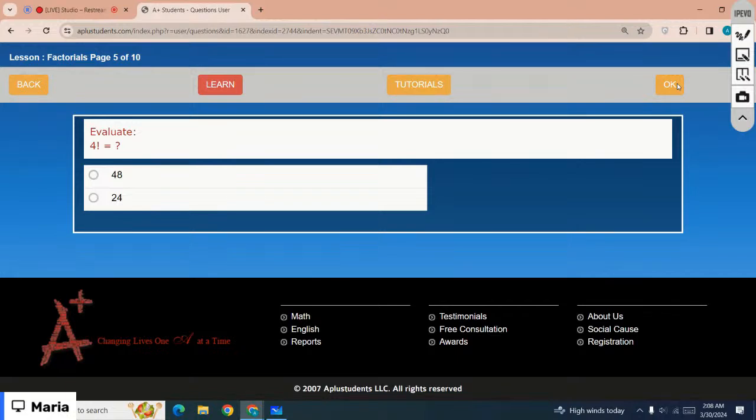Okay, the next one is 4 factorial. So which is the correct option? 1 times 2 times 3 times 4.